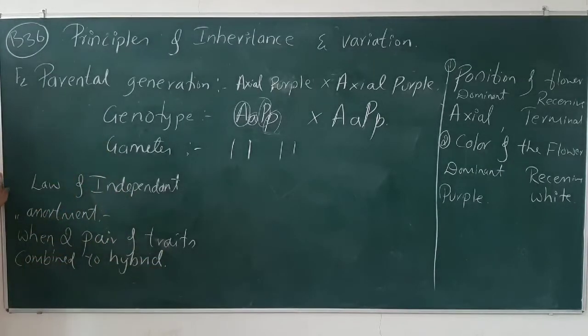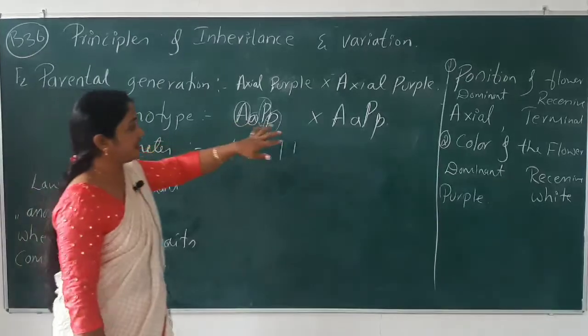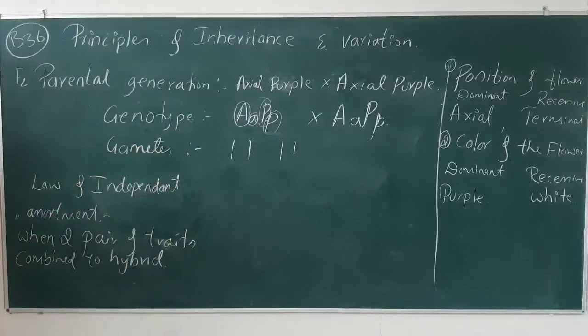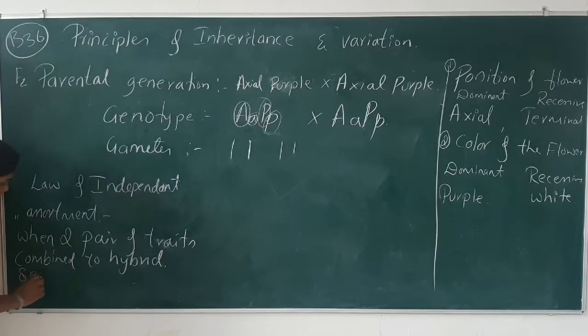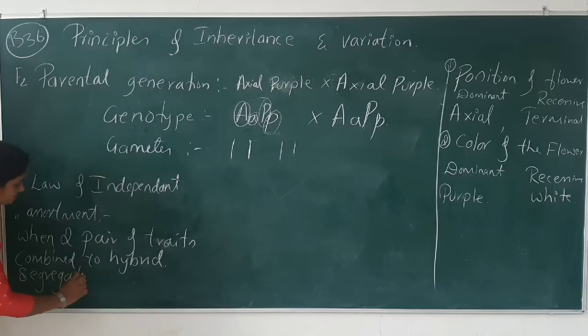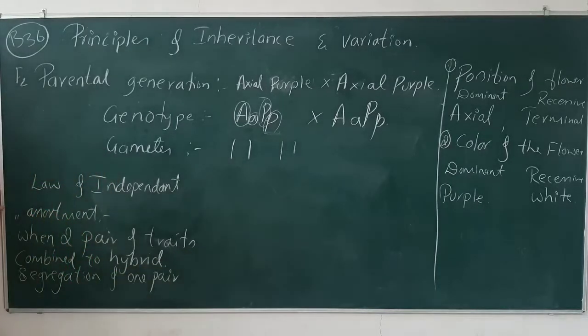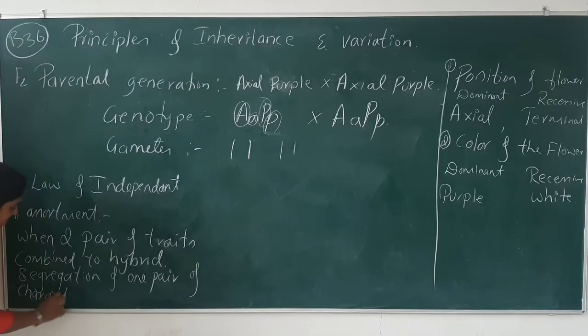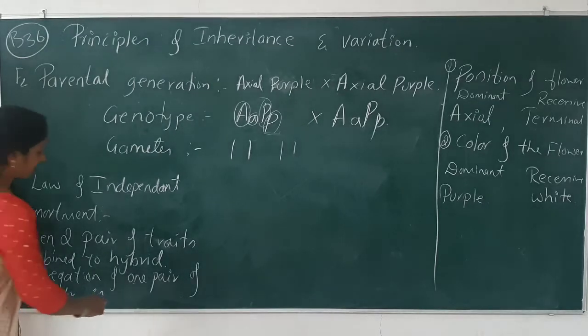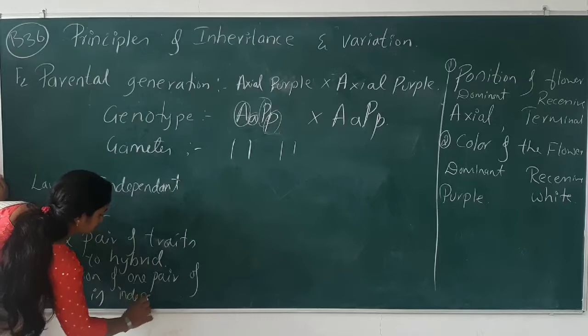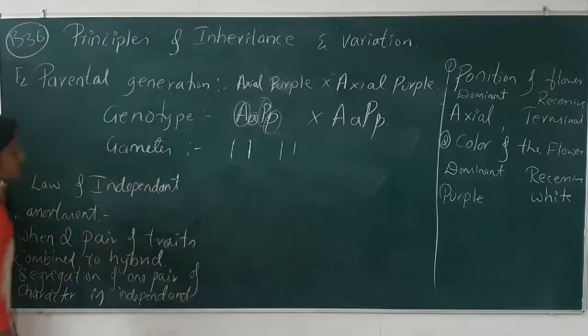When they self-pollinate, when they cross with one another, segregation of one pair of characters is independent.